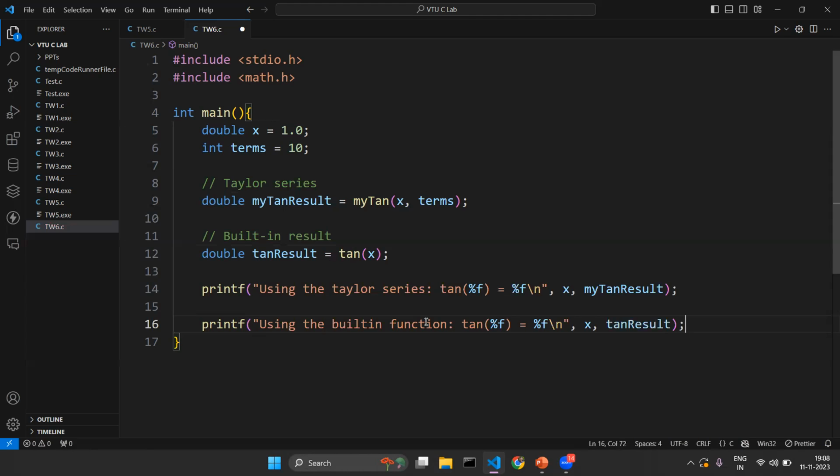Once we print, the result will get displayed. We need to compare the results of both of these. Is there any difference between the Taylor series and built-in function result?